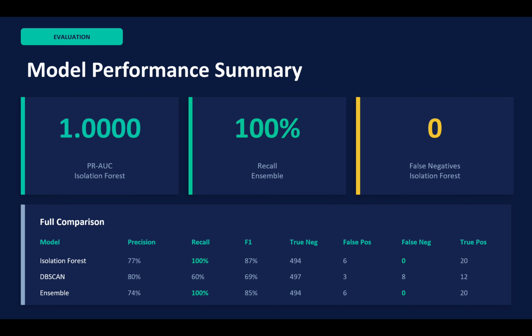When it came to F1, it was about 85%. In fraud detection, recall is king. A false positive means an analyst makes a phone call. A false negative means real fraud goes undetected and someone loses money. We choose to optimize for recall, and the results back that up.